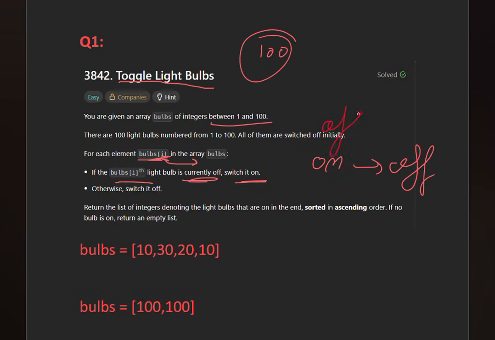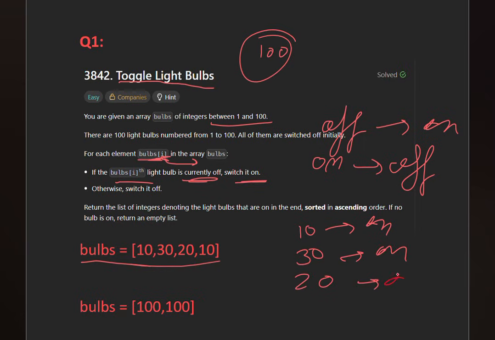So if it is off, then turn it on. Here initially bulbs of 10, so 10 is currently off, so we turn it on, then 30 off to on, 20 on, then again 10.